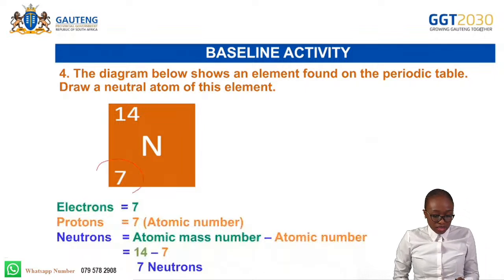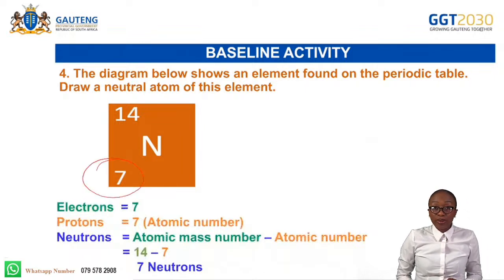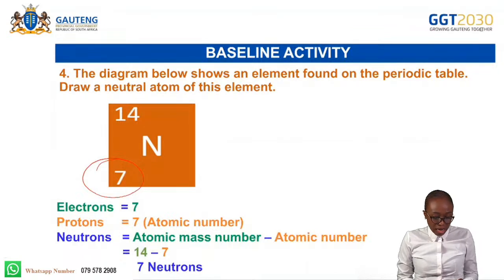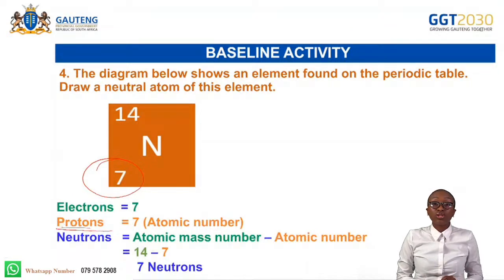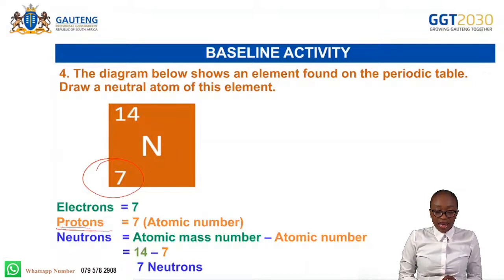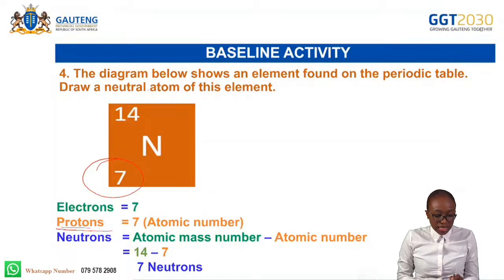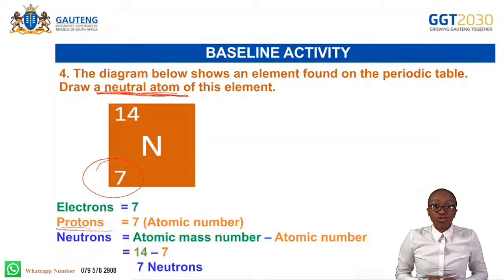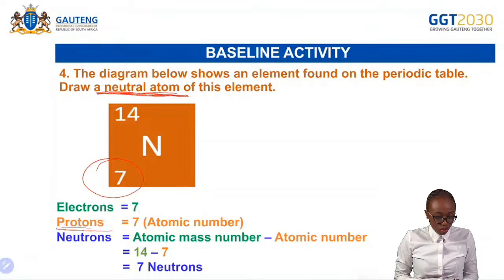We know that 7 is the atomic number. The atomic number tells you how many protons are found in the nucleus of this particular atom. In a neutral atom, the number of protons is equal to the number of electrons, which means this atom has 7 electrons.